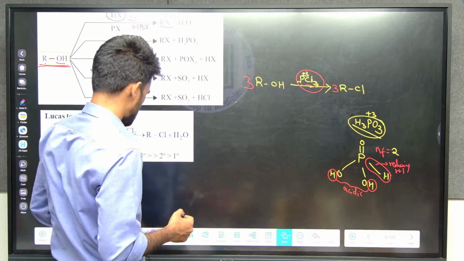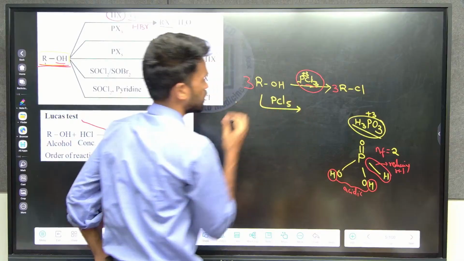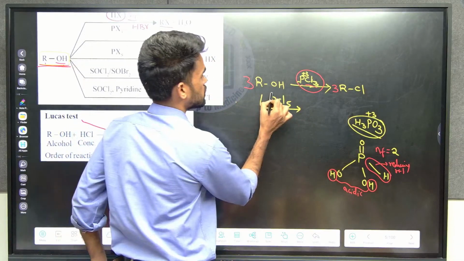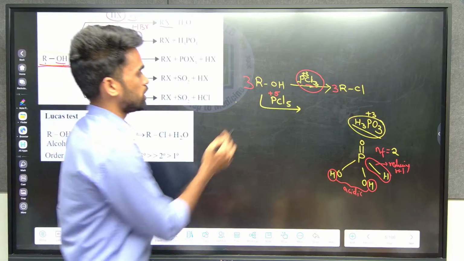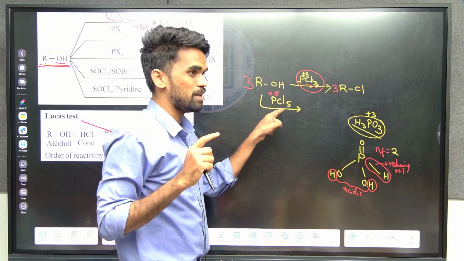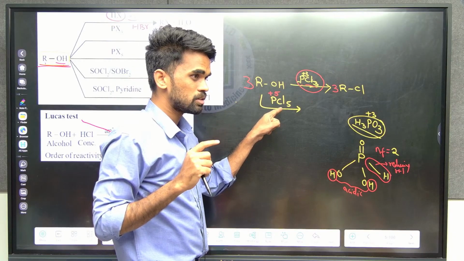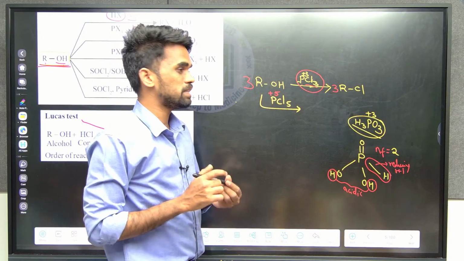Instead of PCl3, I can also take PCl5. What is the oxidation state here? +5. In +5, you just remember chemical bonding. We discussed its structure and hybridization. Tell me fast. sp3d. In sp3d, what is the geometry?